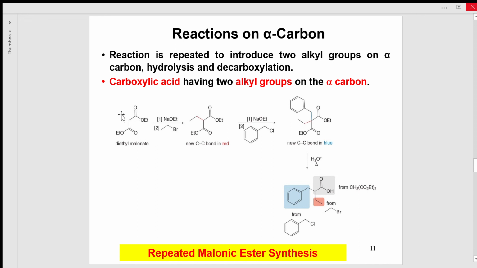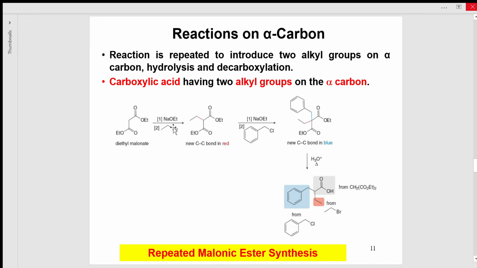So the two hydrogens here have a decent acidity. If we have a base, sodium ethoxide, we can deprotonate one of the two hydrogens to form an enolate, a carbon anion, with a negative charge here.